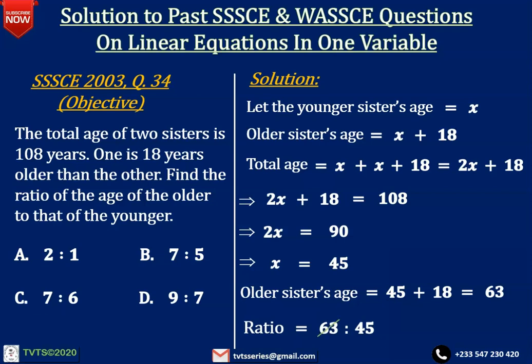Nine goes into 63 7 times, and 9 goes into 45 5 times. So we have 7 is to 5. Therefore, the correct answer is option B.